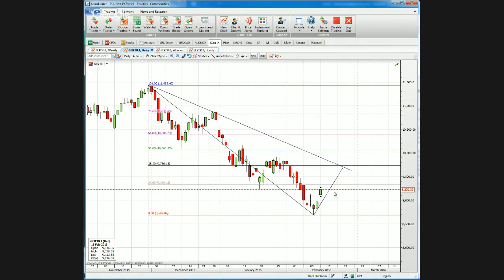So we'd be looking for it to coincide with the horizontal resistance that we've got around this 9,600 to 9,800 area, so that we expect congestion there. And that will be the first real test of this corrective wave.